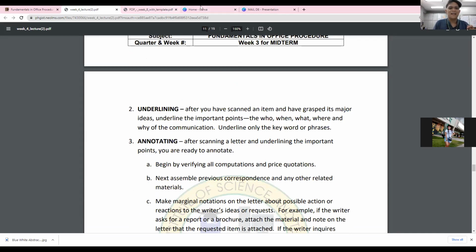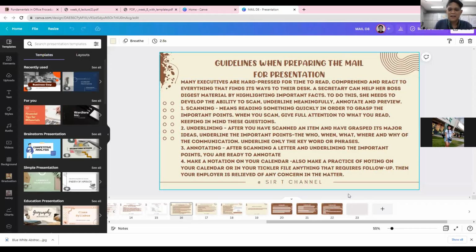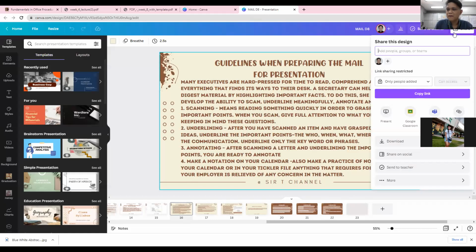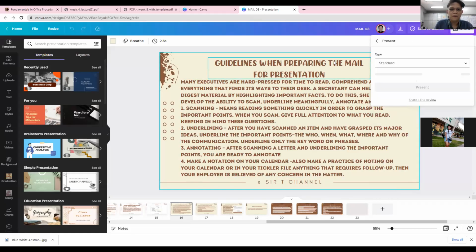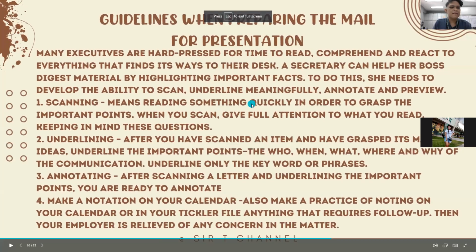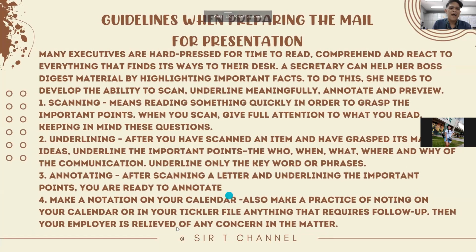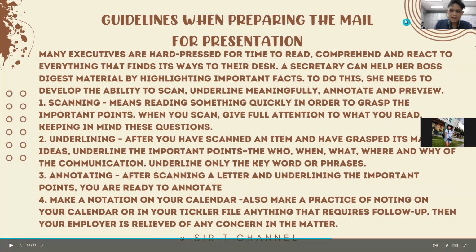Okay, so next natin is underlining. After you scanned an item and have grasped its major ideas, underline the important points: who, when, what, where, and why.